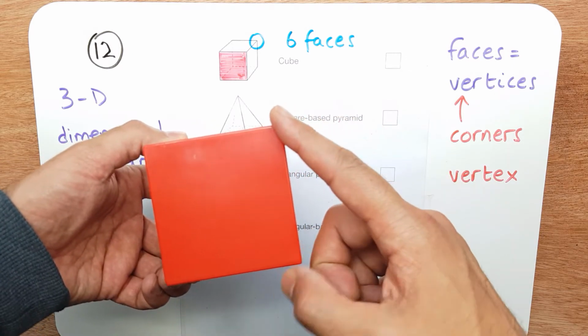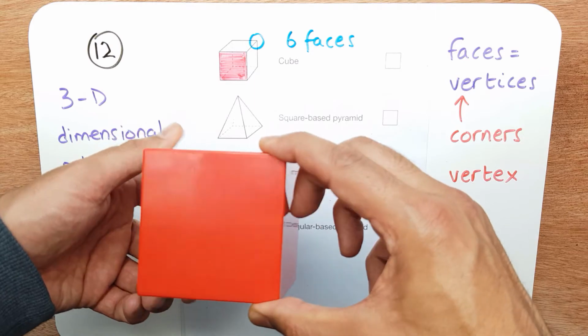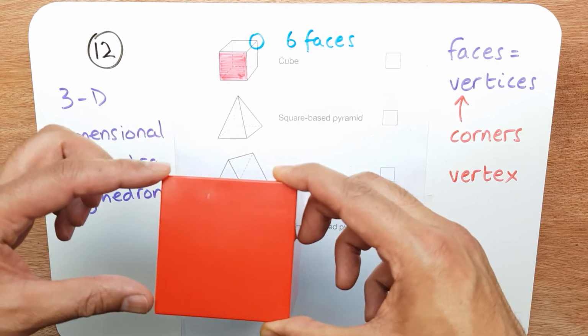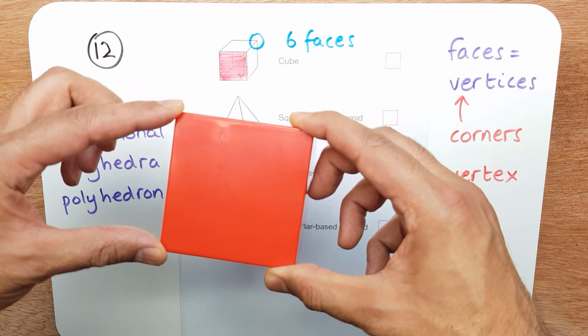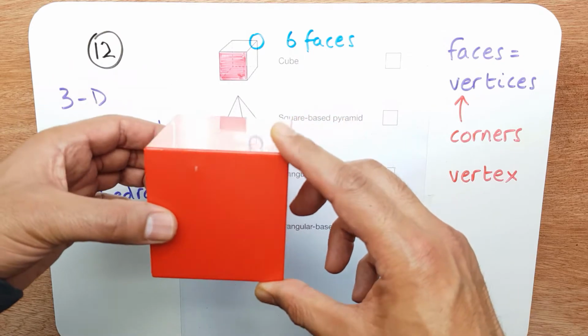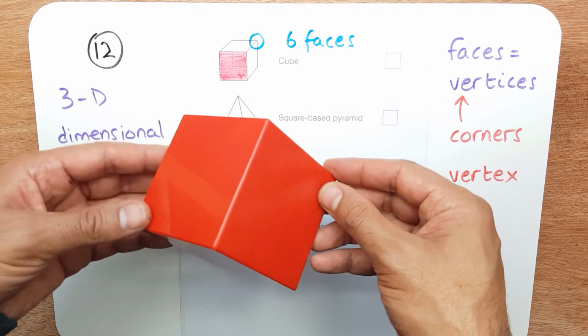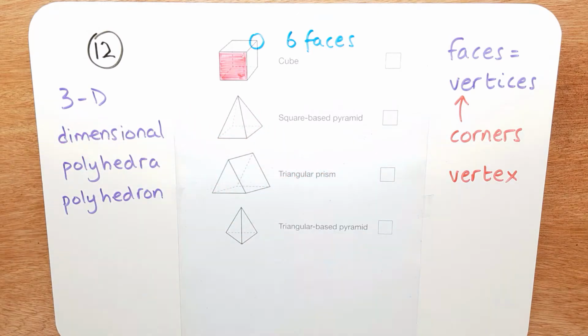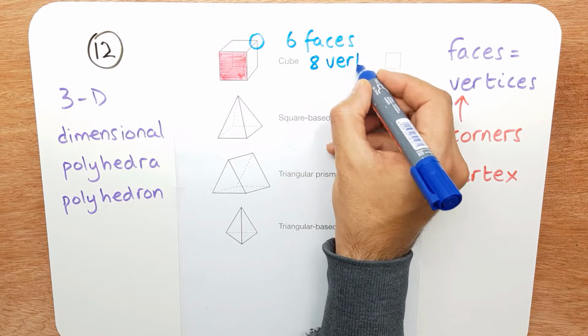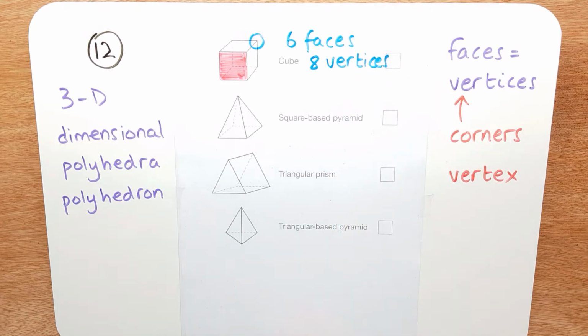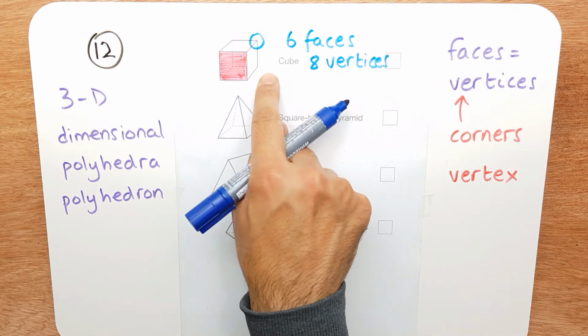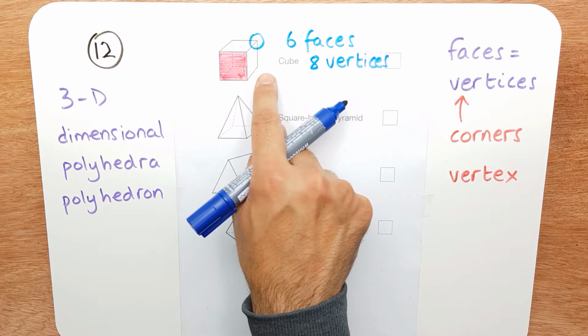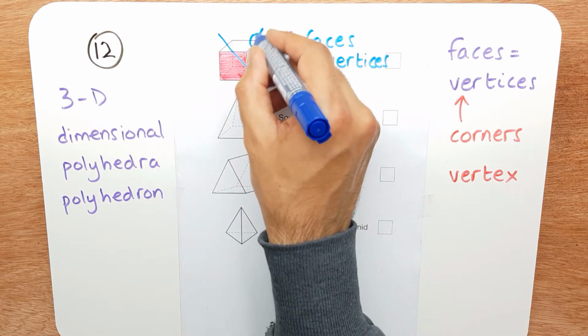So we have 1, 2, 3, and 4. So all together on this cube we have 8 vertices. So this cube, the faces and the vertices are not equal, so we can cross that out.